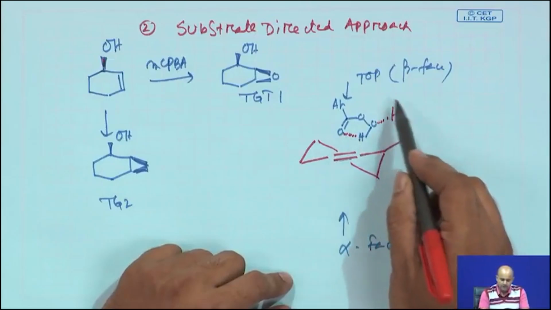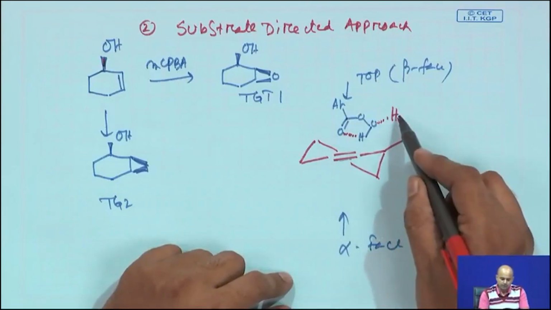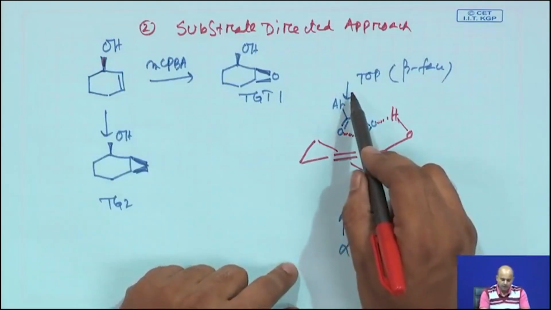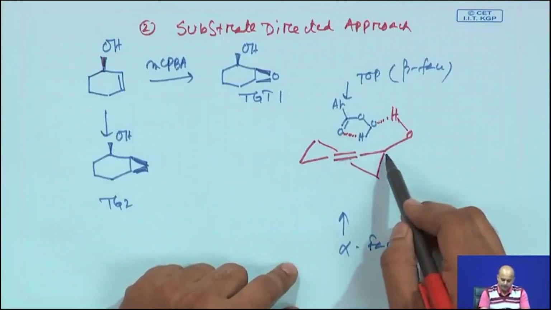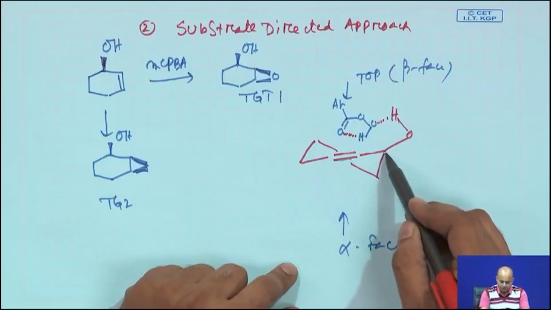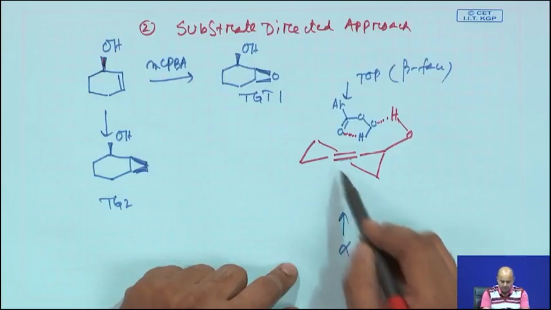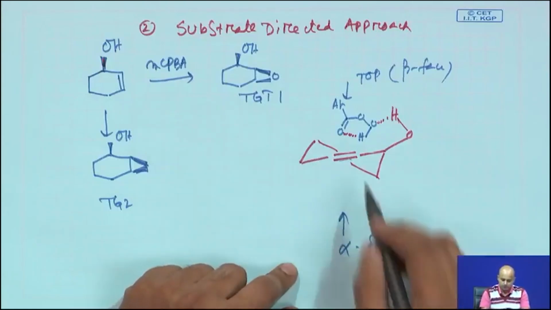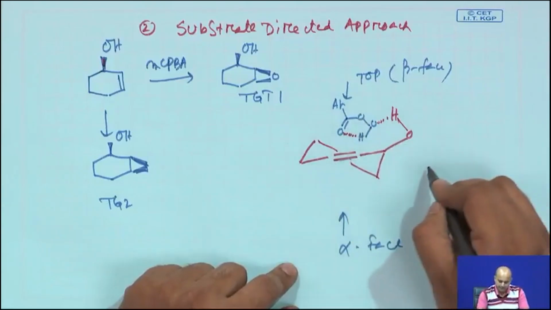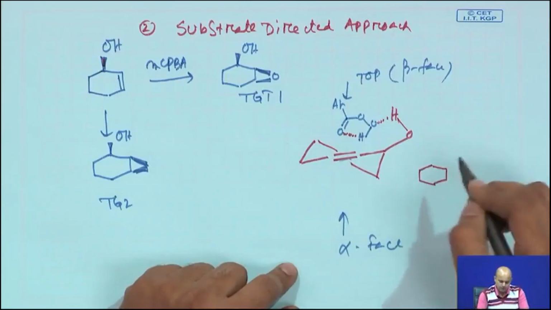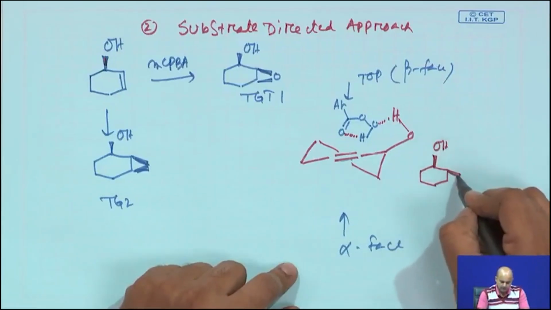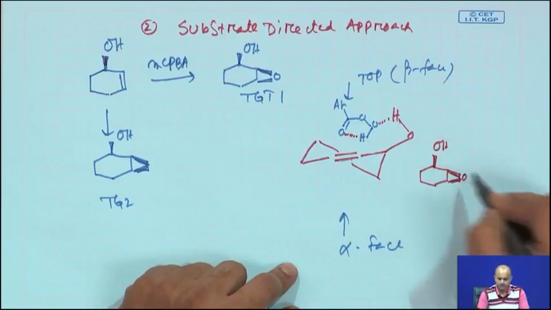So, the whole reagent system, through this intramolecular hydrogen bonding, will try to approach from the top face, as this OH is pseudo equatorial, it is not pseudo axial. If it were pseudo axial, the mCPBA would be coming from the bottom face. So, now your epoxidation will take place from this top face, and you will find the product distribution given here; you will get this as a major product.